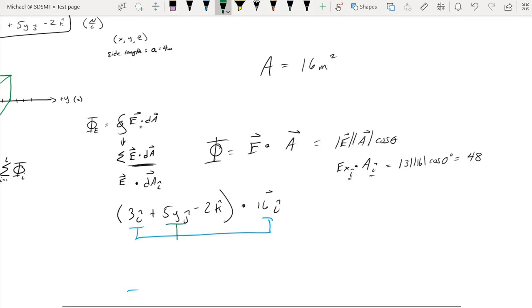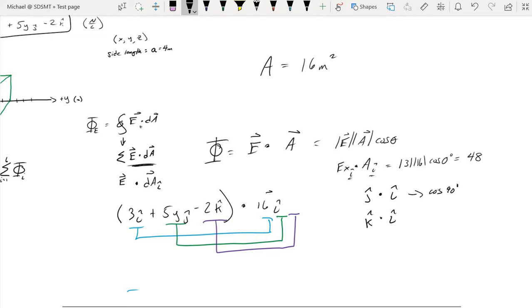But then we need to go through and do the same thing with the y component and the z component. But when you attempt to take a dot product of 2 vectors that are in different axes, the i hat and j hat, those are representing x and y directions. Those are 90 degrees with respect to each other.